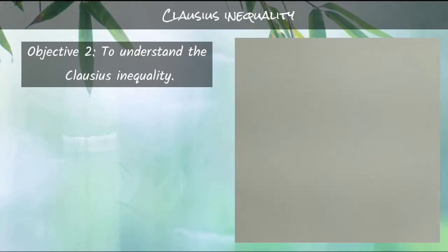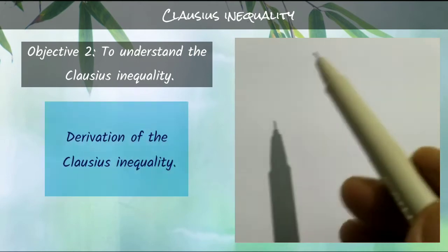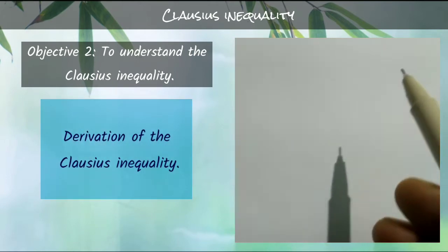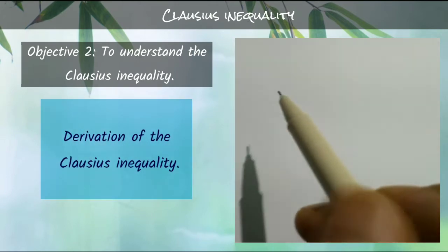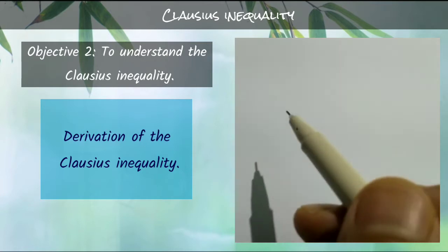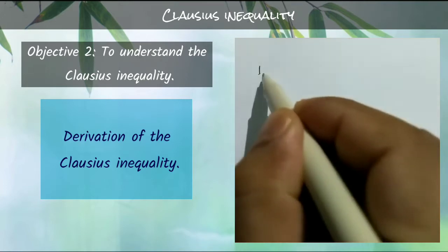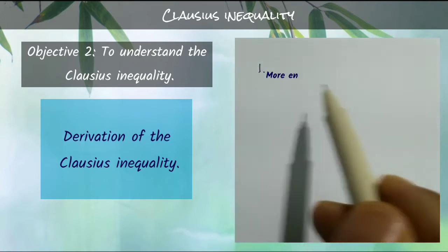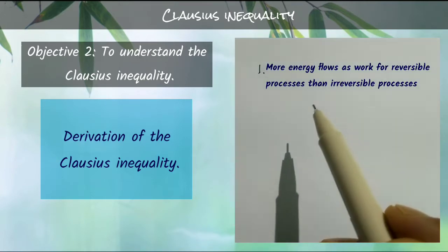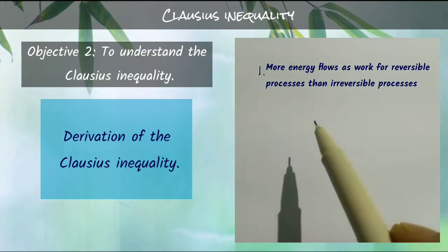Now let us derive the Clausius inequality. To derive the inequality, we need two basic concepts of the first law of thermodynamics. The first one is that more energy flows as work for a reversible process than under an irreversible process.